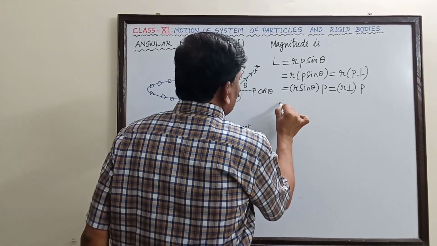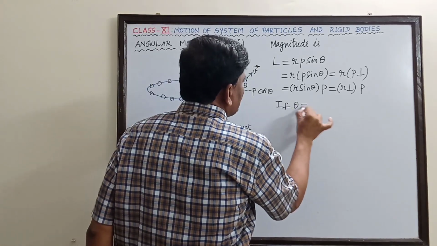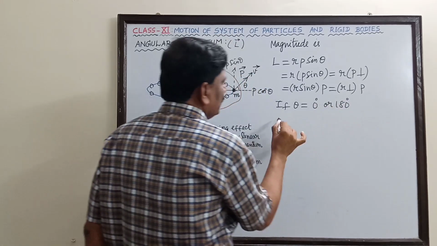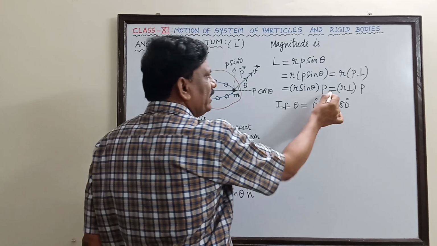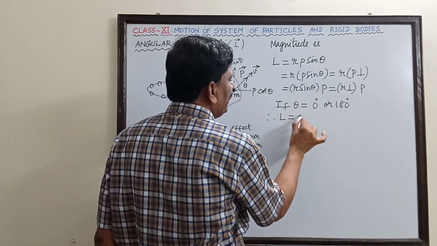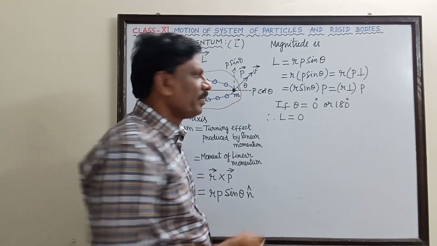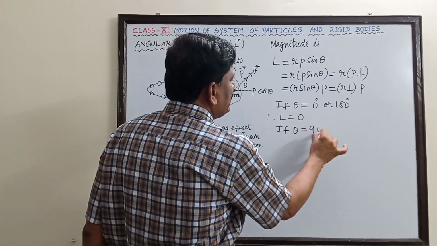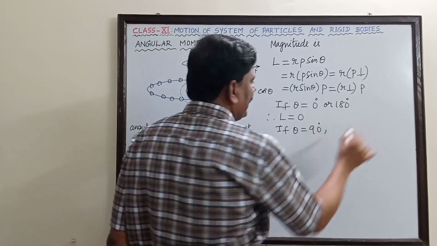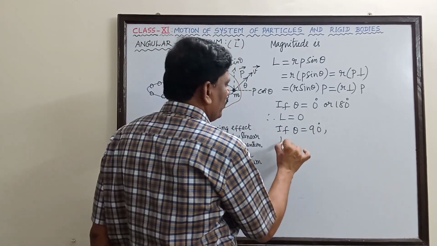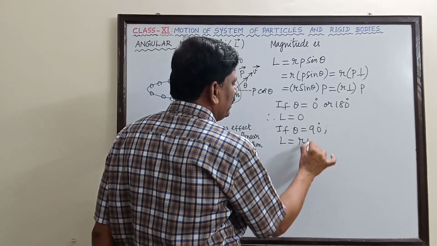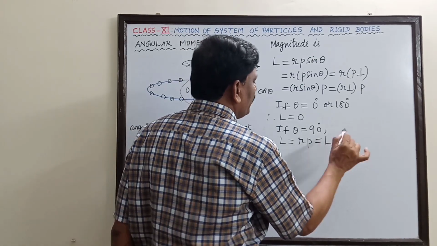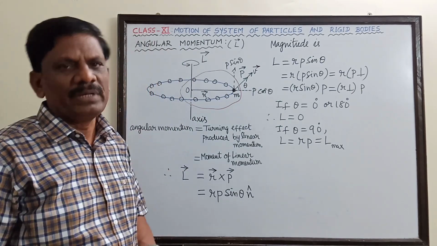Now, if theta is equal to 0 or 180 degree, then sin 0 is 0, sin 180 is 0, therefore L is equal to 0. And if theta is equal to 90 degree, then sin 90 is equal to 1, therefore L is equal to R into P, and this is the maximum value of the angular momentum.